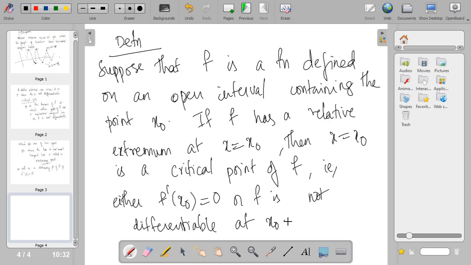So critical points are points where the function has a relative extremum, and at the critical points your function can have a zero derivative, or the function is not differentiable at all. Now if f dash of x is equal to 0 at a critical point, such points are called stationary points. So those are the definitions.